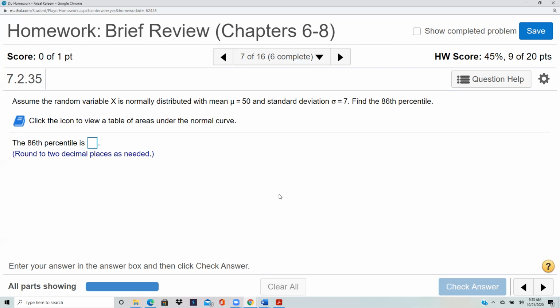So does that mean that 86% of the girls are below you in height, or 86% of the girls are taller than you in height? It's either one or the other.